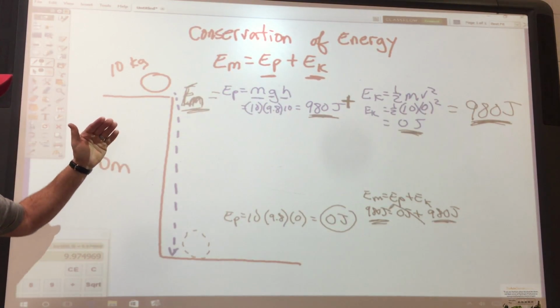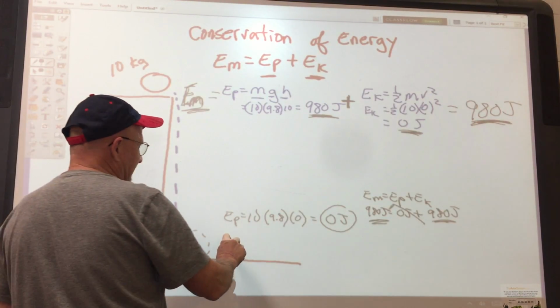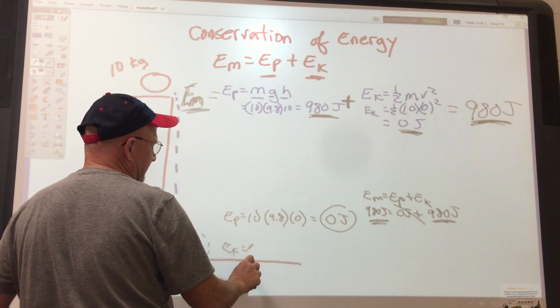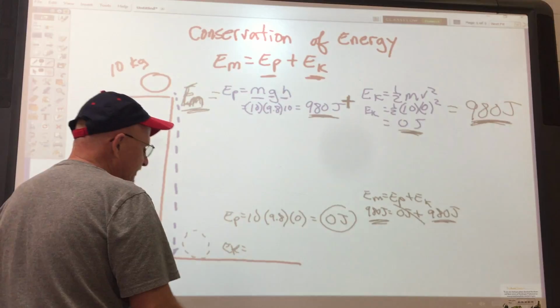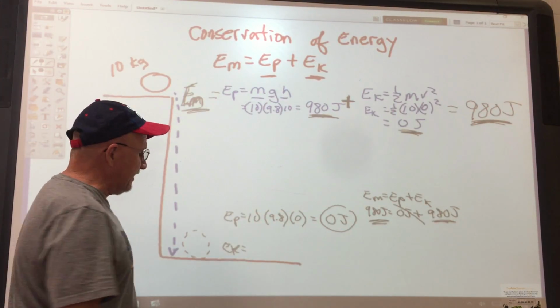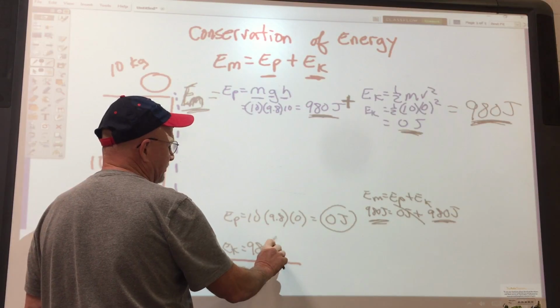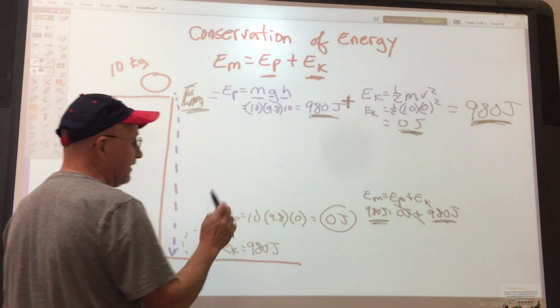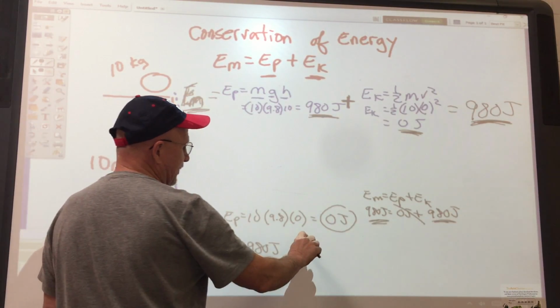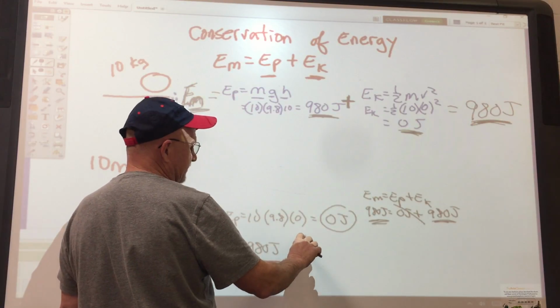So I can find this EK down here by using the mechanical energy formula. I know that the EK down here is 980 joules. But I can also find it another way. I can use this formula here.